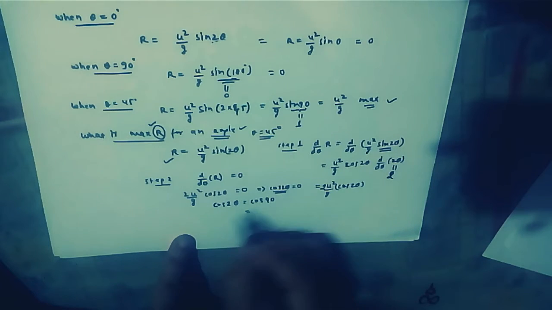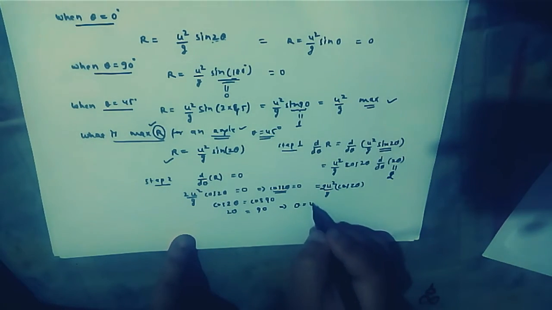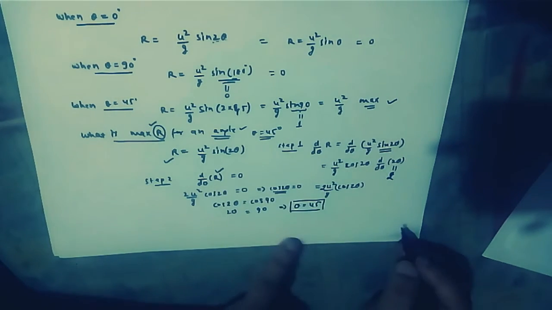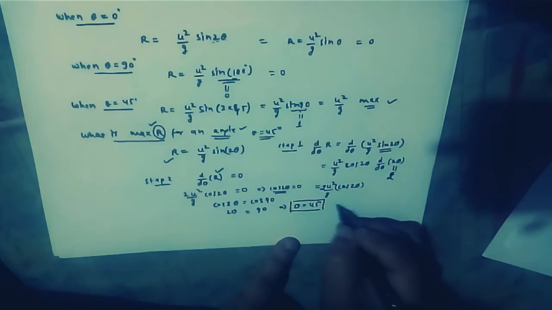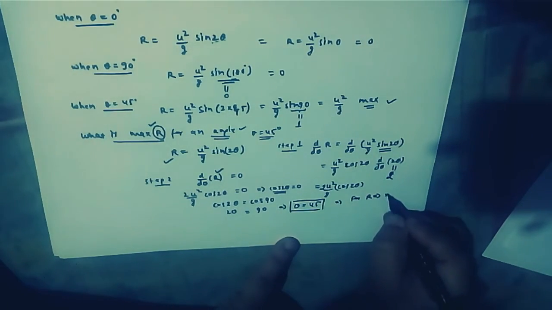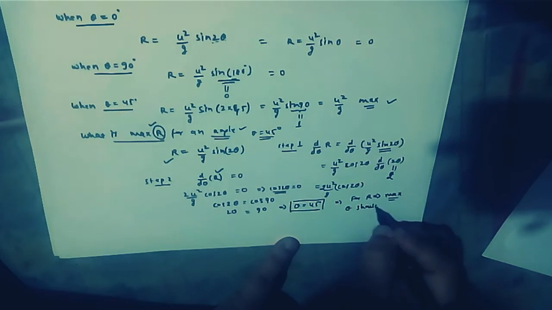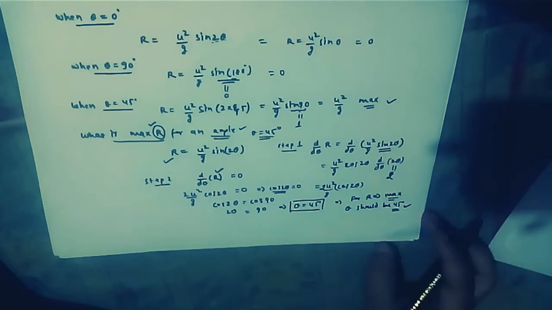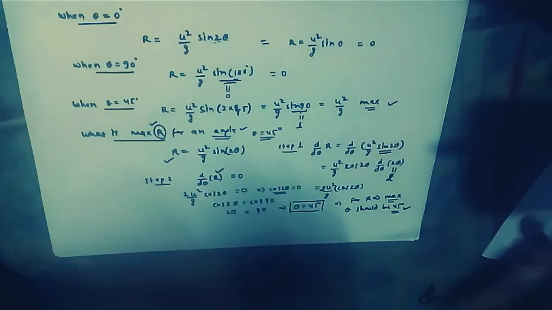So 2 theta is equal to 90 degrees. So your theta should be 45 degrees for this R to be maximum, right? So that is the equation. For R to be maximum, theta should be 45 degrees. So that is your solution. So for now we will wind up this thing. Thank you very much.